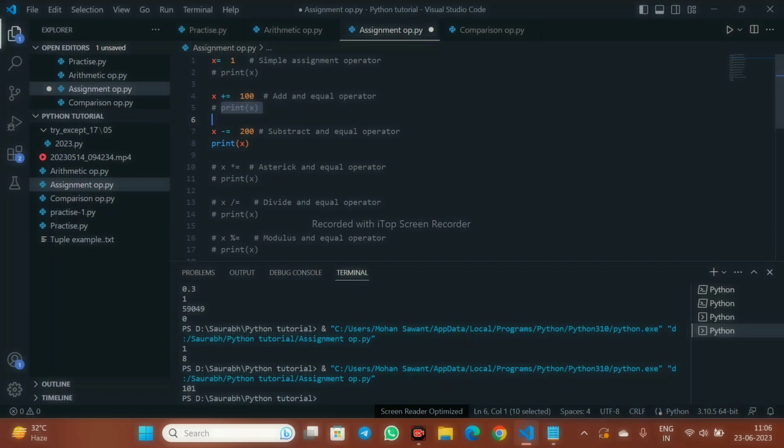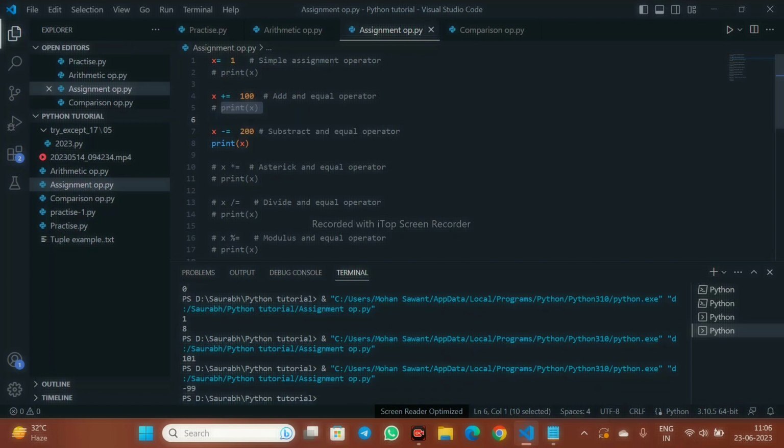That means it will give me 100 minus 1, that means 99. It starts from 1 minus 100. That's why it gives me the 99 answer.